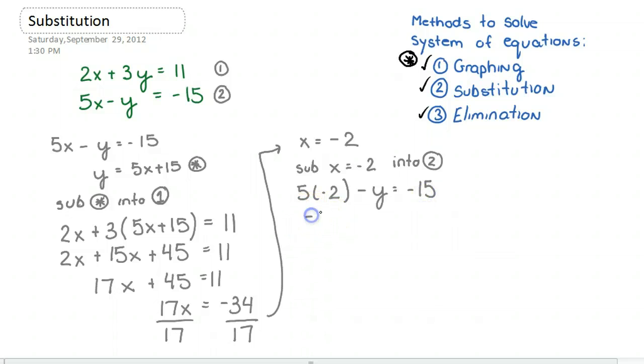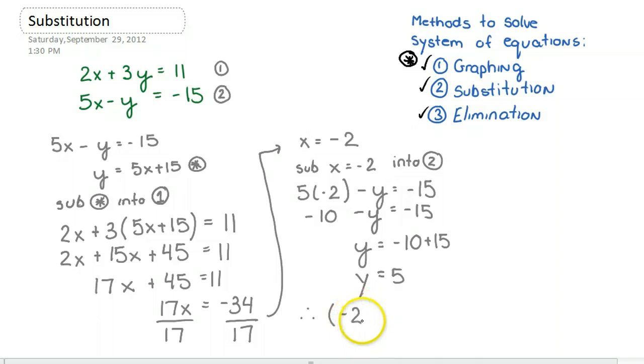So now I get minus 10 minus y is equal to minus 15. So we get y is equal to minus 10 plus 15. So y is equal to 5. Therefore, the solution is minus 2, 5. And I always like to encourage students to take their final answer and put a box around it.